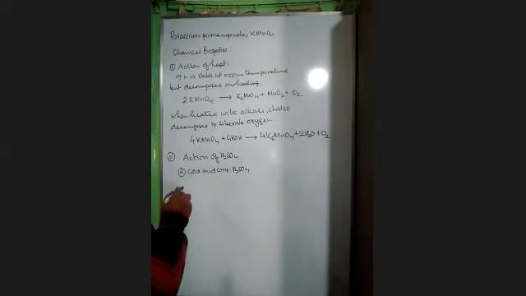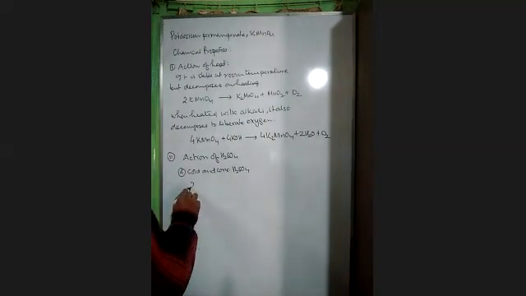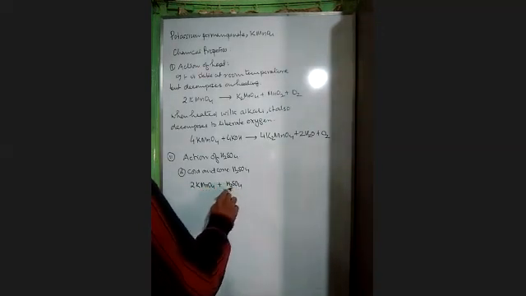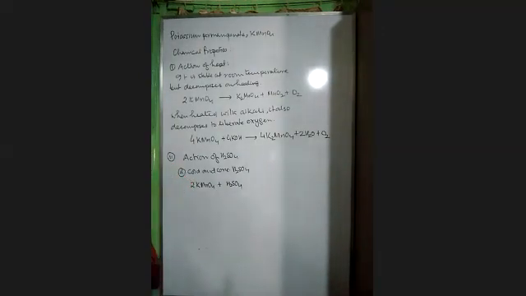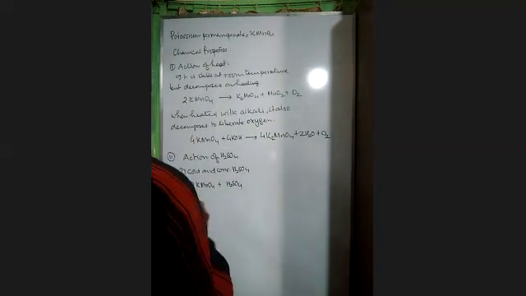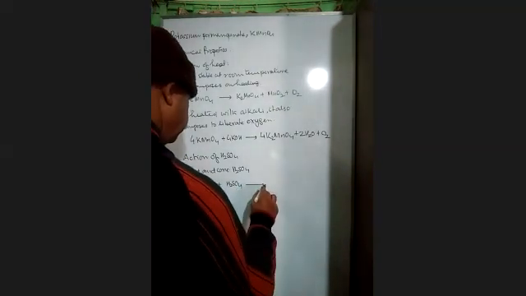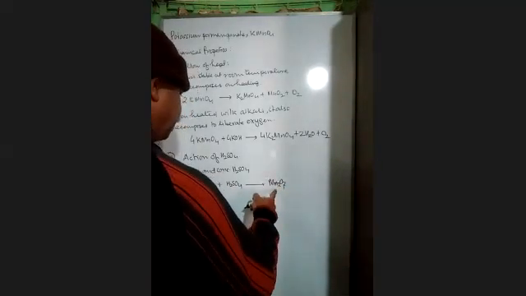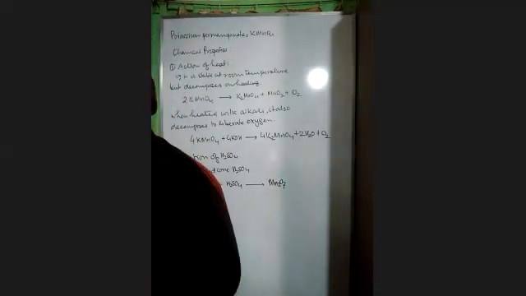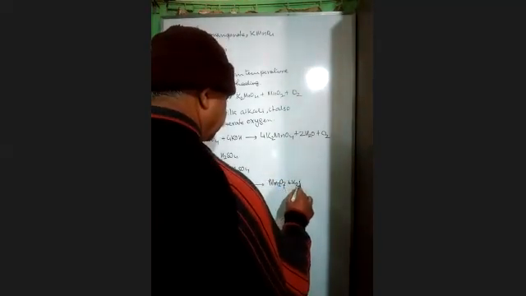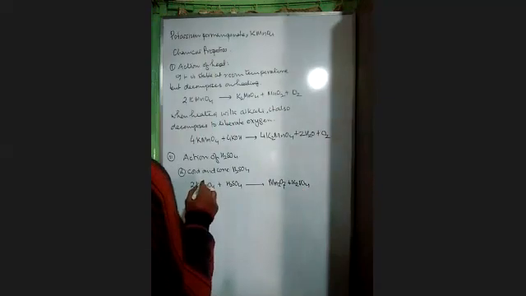This is not there in the book. 2 KMnO4 plus H2SO4. It gives you, please see here, manganese heptoxide, which you have studied, but it is highly unstable. Potassium sulfate and H2O.